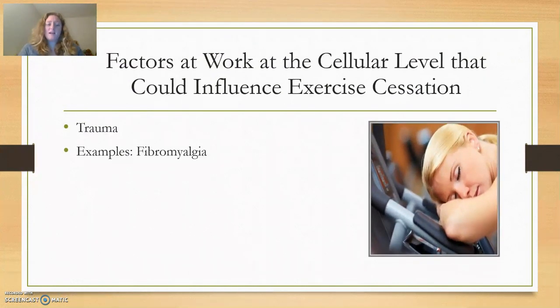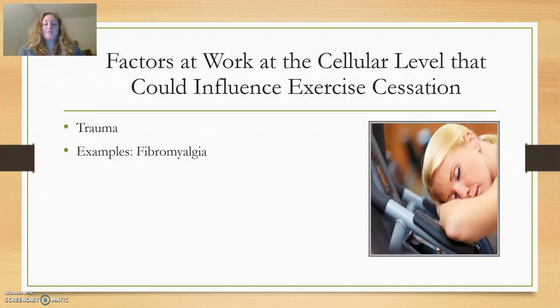What are the factors that work at a cellular level that can cause exercise cessation? Cessation is defined as stopping. So what could possibly stop you from doing exercise at a cellular level? My answer is trauma.